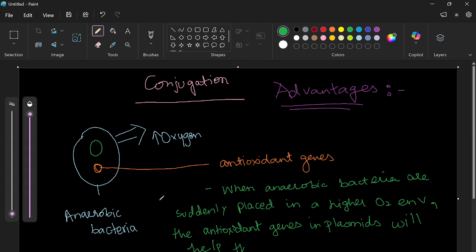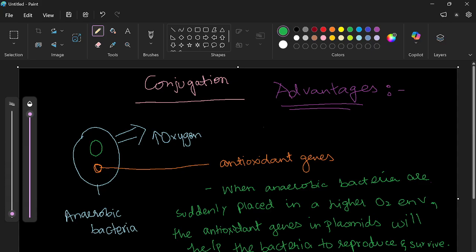Will help the bacteria to reproduce and survive as well, hence, and survive, obviously they'll survive, okay. So this is a highly important advantage of the plasmids, and hence the conjugation process.